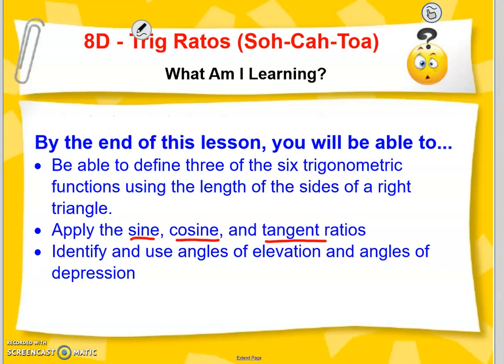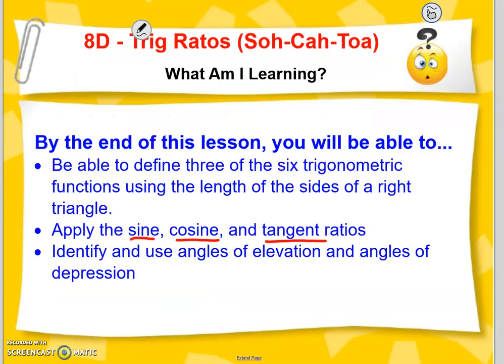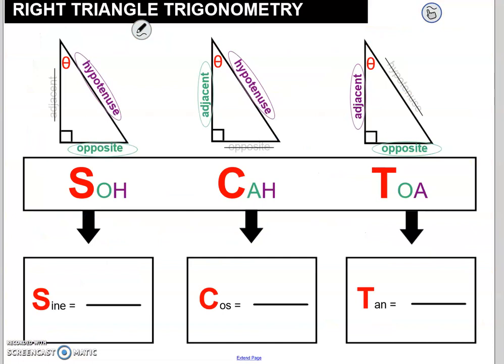Okay, so the first thing that we really need to understand is what these ratios could possibly look like. And I had mentioned on the front page, the 3 that are listed are sine and cosine and tangent. And that's what this big red S and C and T stand for. So this S in here stands for sine.